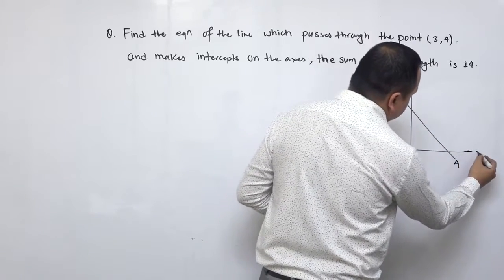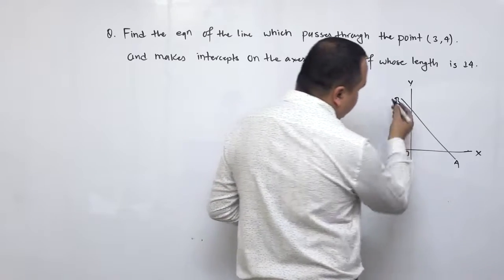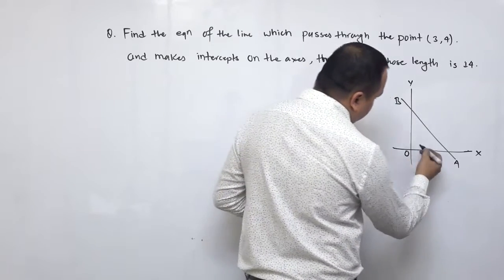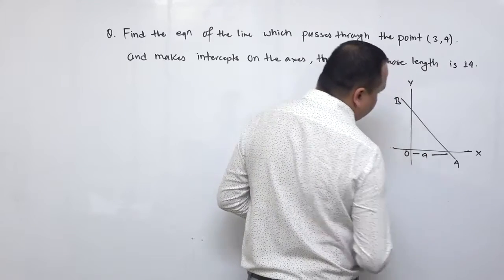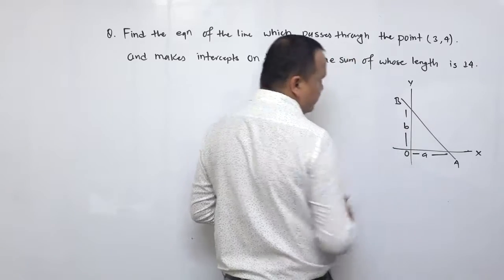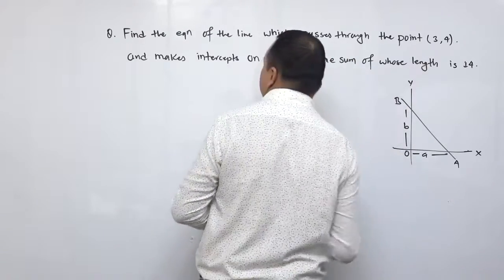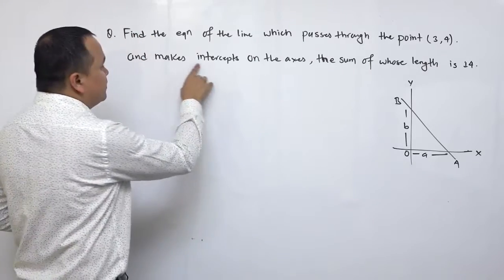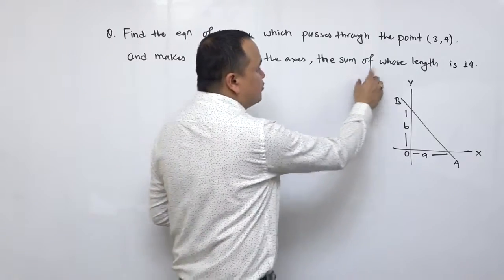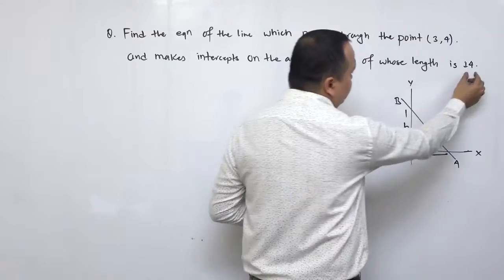AB is a straight line with the x-axis and y-axis. AB makes an intercept A on the x-axis and B on the y-axis, the sum of whose lengths is 14, that is A plus B is 14.